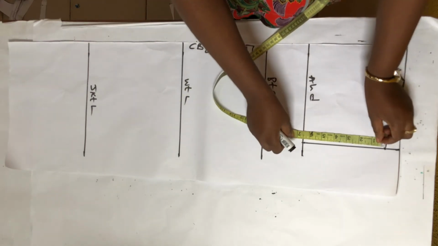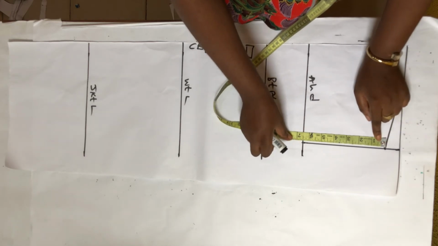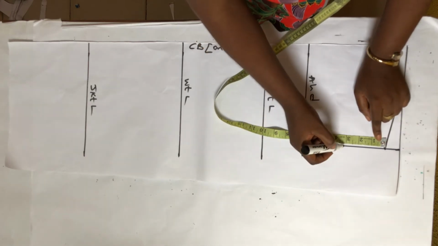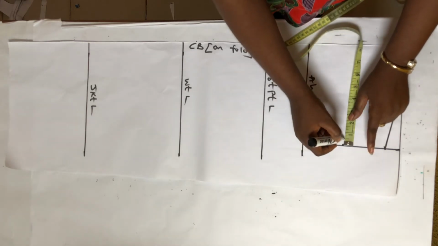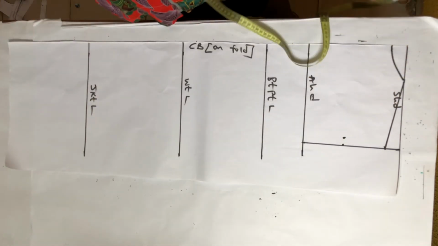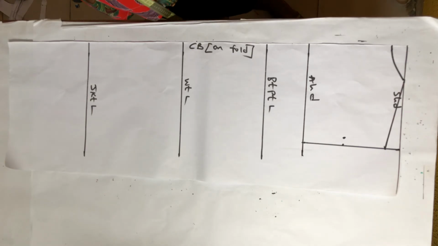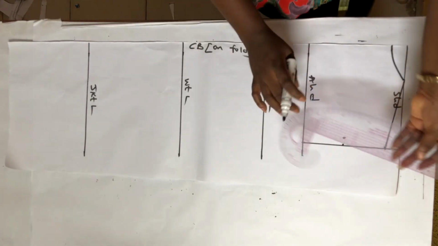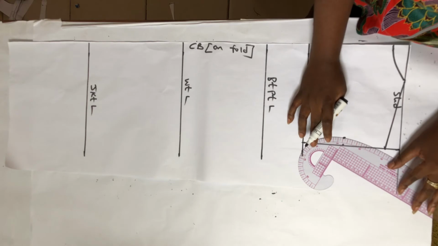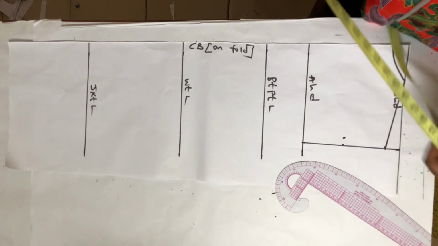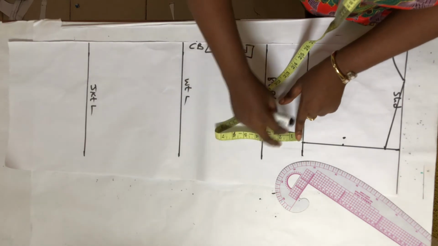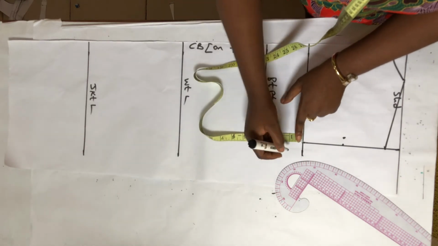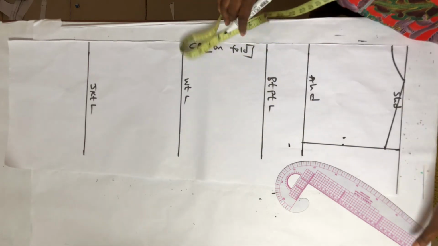I'm going to get the midpoint. This is 6.5. Midpoint is 3.25. I'll measure 0.5 inwards. Then I'll draw my armhole. I remember I went down by 1 inch at the front to get the perfect armhole.